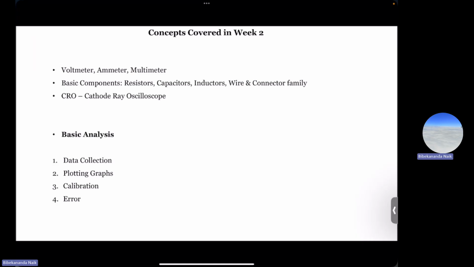The week 2 lectures mainly discussed voltmeter, ammeter, and multimeter. In the last week we discussed the moving coil galvanometer, which is generally used to measure small currents. Depending upon the circuit, we can convert it into a voltmeter or an ammeter. To convert a galvanometer into a voltmeter, we connect a high resistance in series, and for an ammeter we connect a low resistance in parallel, which is called shunt resistance.